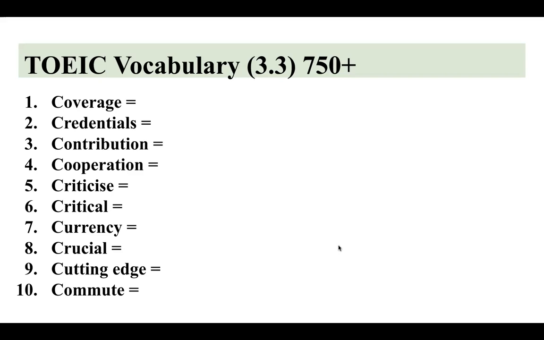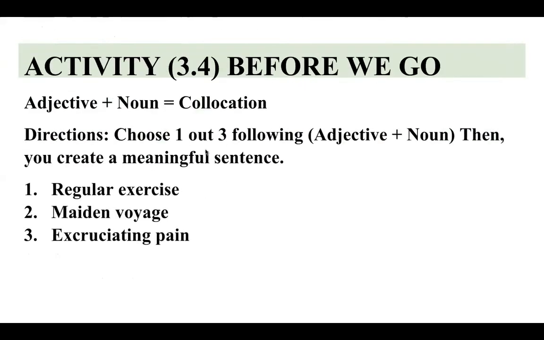2.3 3.3, that's it. Moving to the last section for today, it's all about before we go. I'm going to let you create a meaningful sentence here, just choose one of 3.